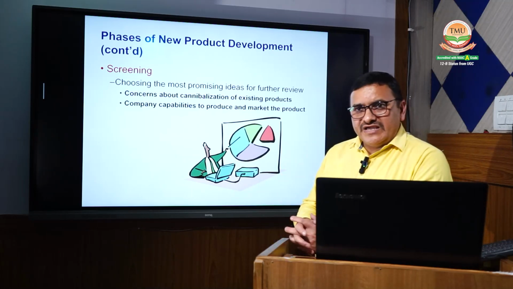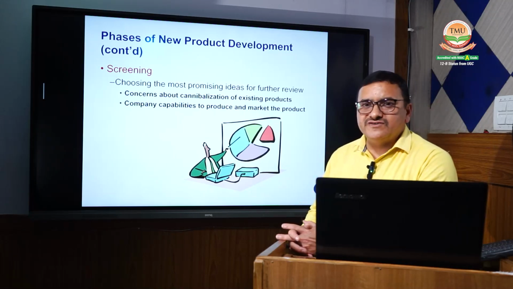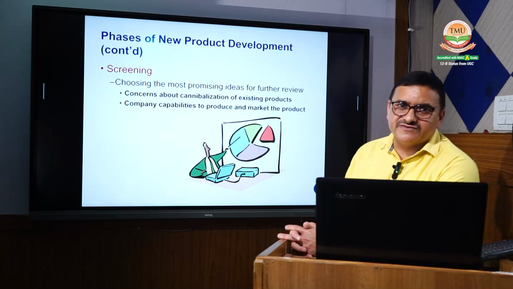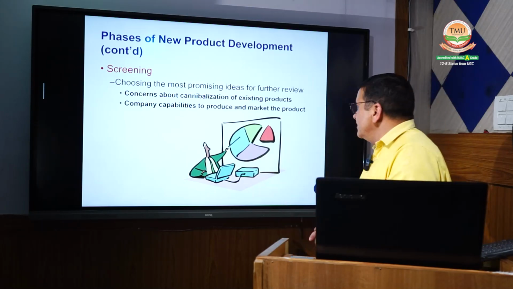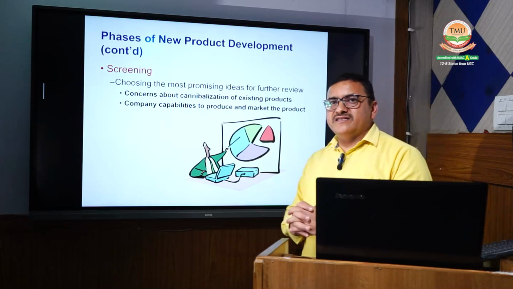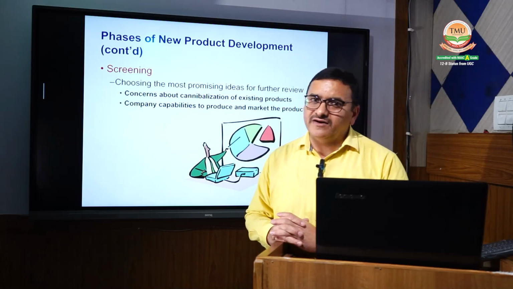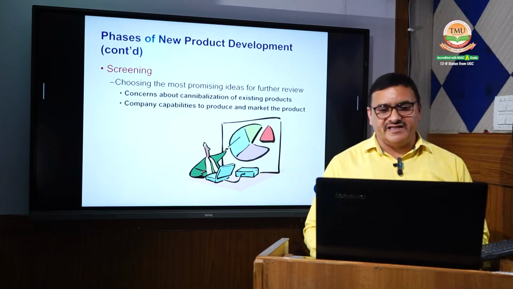And if we are thinking about the same, then definitely we have to identify which firm can provide us the best possible technology which will satisfy our new product development initiative. Then if we are not able to market the new product, there will be a loss of capital and all other initiatives which are put into new product development.